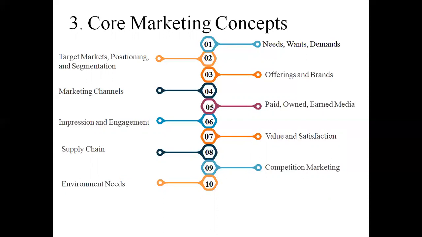Positioning is an activity through which we try to build a different image of our products in customers' minds. Offerings and brands: what value our product is providing to the customers, and brands are a differentiator which differentiates our products from the competitors. It might be a logo, it might be a jingle, it might be anything which differentiates a product from the competitors. Then we discussed marketing channels, intermediaries, and then paid, owned and earned media.